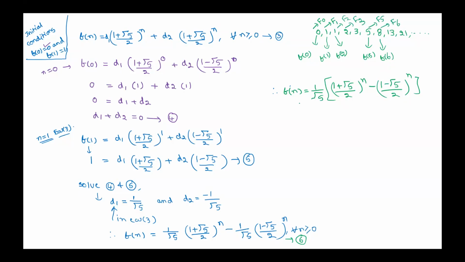So this is called the direct formula or closed form expression for the nth Fibonacci number. So the nth Fibonacci number, it is the same as Fn. It is the formula.